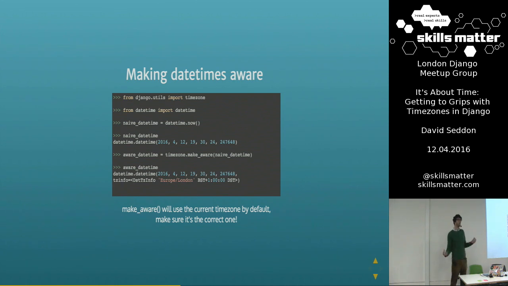Here is a naive date time for 7:30. I'm going to assume it's London time. So I'll now convert it, and you can see now we've got an aware date time which has the time zone information of London time in there. But it's the same hour and minute and stuff. Does that make sense? So that's quite an important concept to clock: when you convert naive date times to aware date times, it's using the current time zone as an assumption.